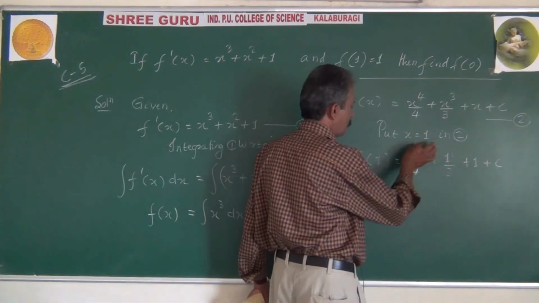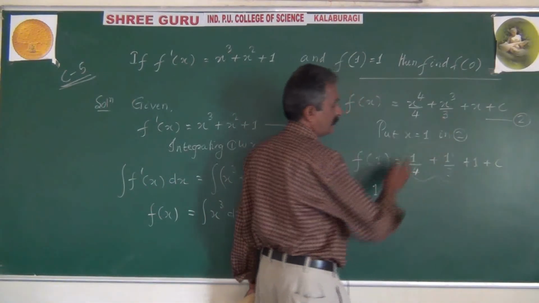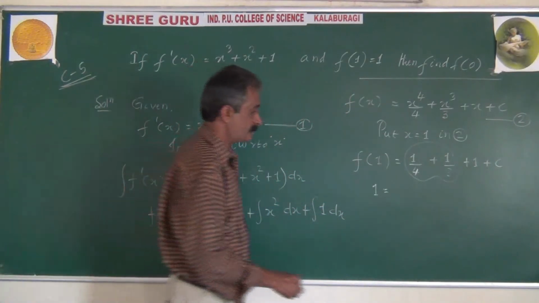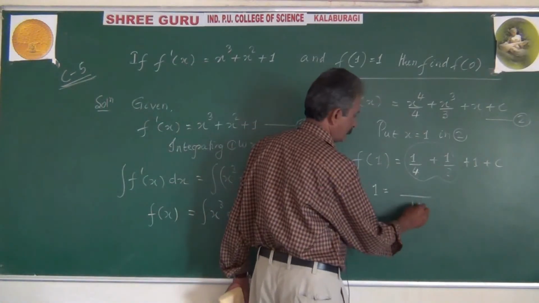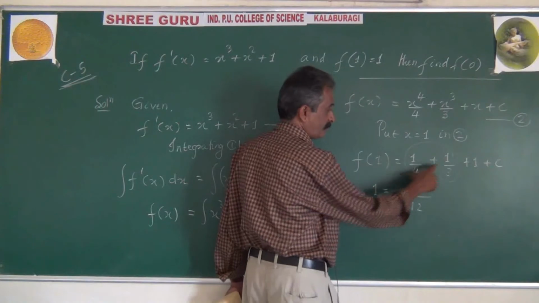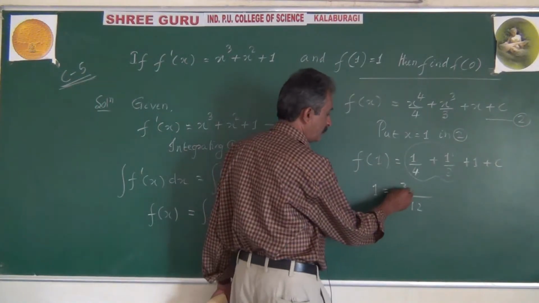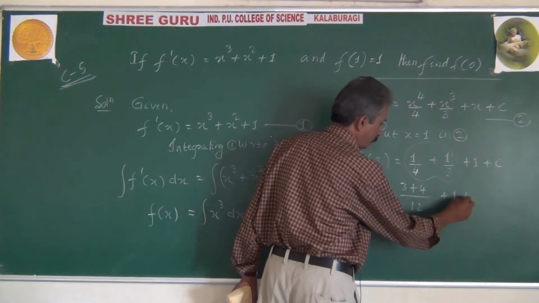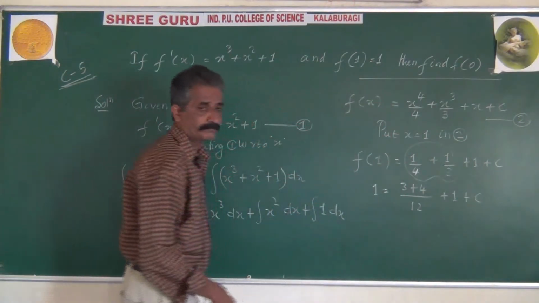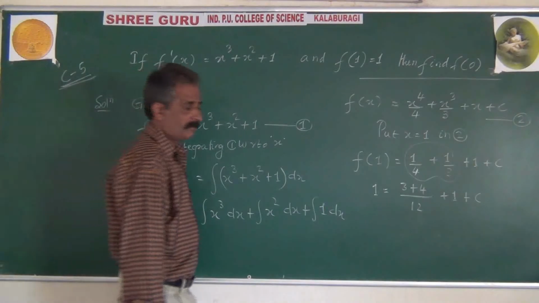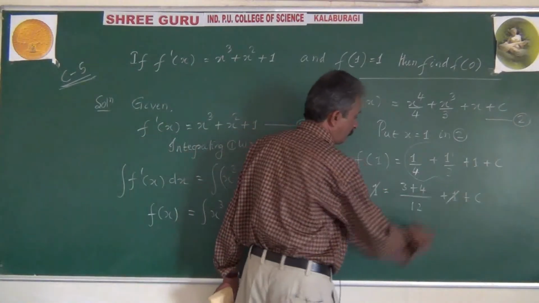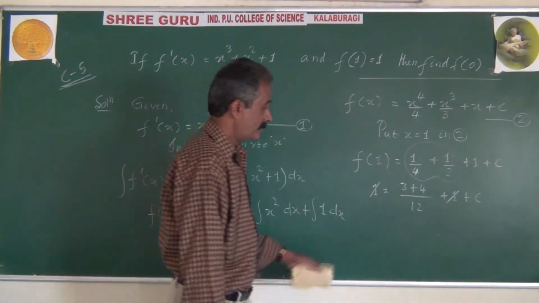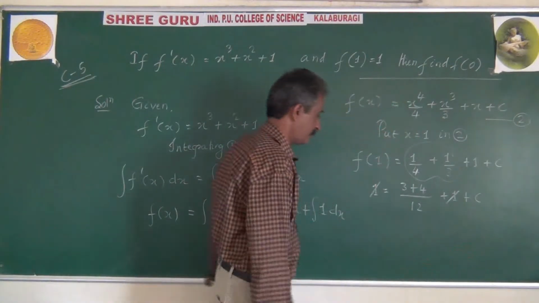In these two terms, we can take the LCM, if you wish. LCM of 4 and 3 is 12. 3 into 1, 3. 4 into 1, 4. 3 plus 4 by 12. Plus 1 plus c. Now on both sides, 1 and 1 will cancel out by way of subtraction.